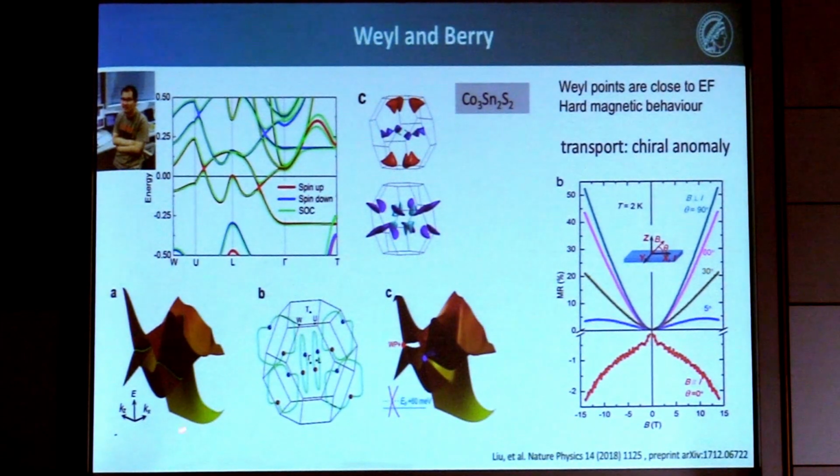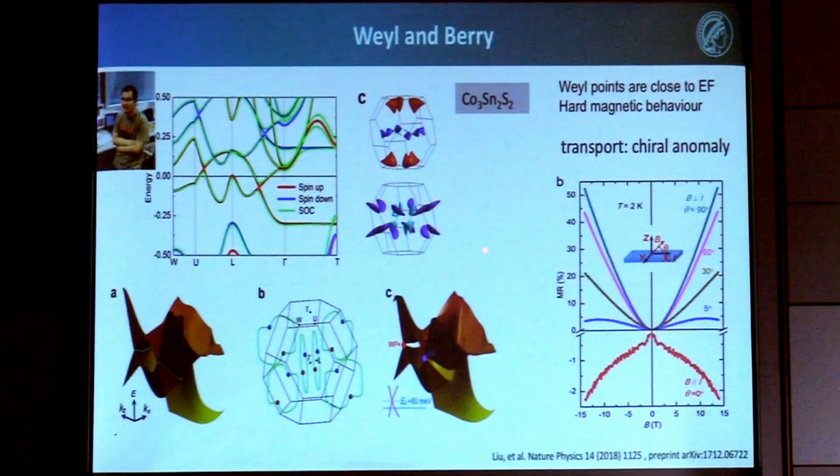So again, if you have no magnetic field, there is a nodal line. If we apply a magnetic field, this material is even hard magnetic. We see we have Weyl points in the Brillouin zone. So we expect very large Fermi arcs, much larger than we know from the non-magnetic system. And the nice thing is the Weyl points are close to the Fermi energy.